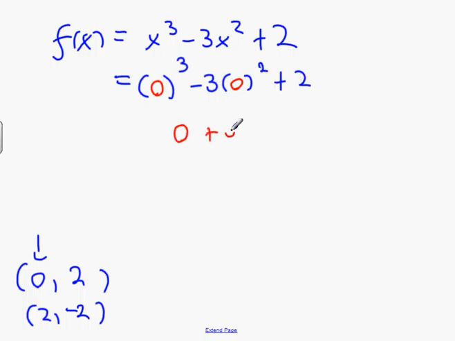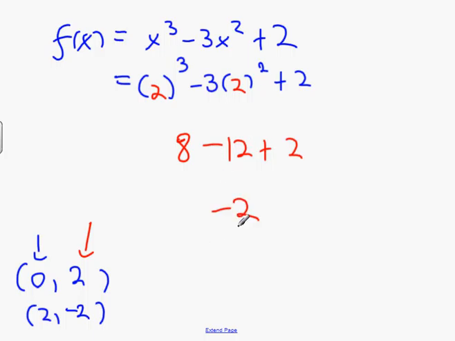It's 0 plus 0 plus 2. The answer for the y value is 2. And then you repeat the same procedure for the second x value, which is 2. So you get 2 cubed, which is 8, minus 12, plus 2. 10 minus 12 is minus 2. And that's where we got the second answer from. Is that okay? Yeah. Good.